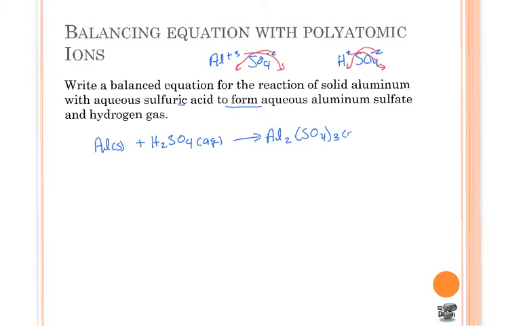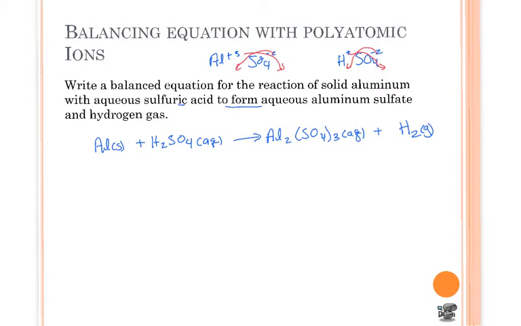And this is also aqueous, plus hydrogen gas. And hydrogen gas is always written as diatomic because remember we talked about the diatomic elements, and they exist in nature as 2 atoms combined together.